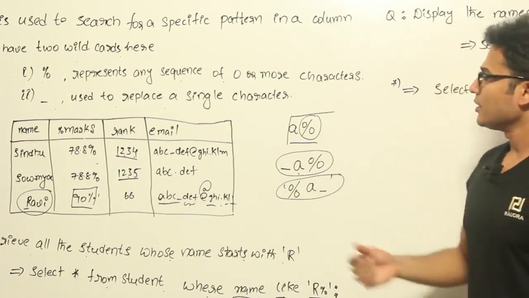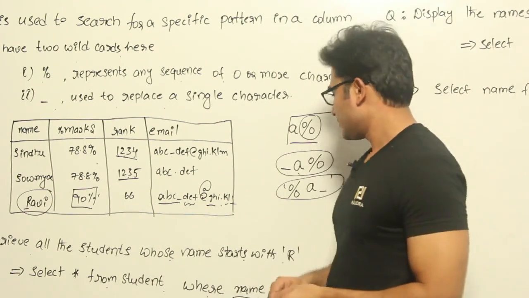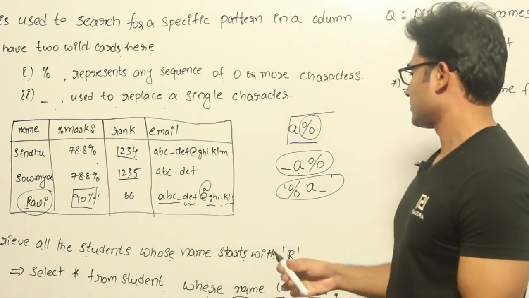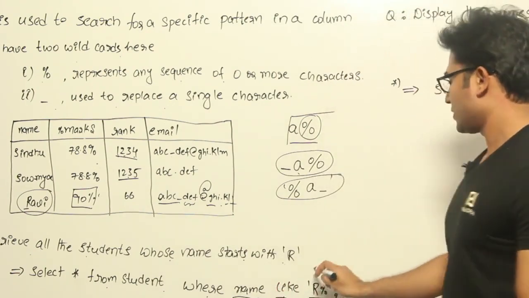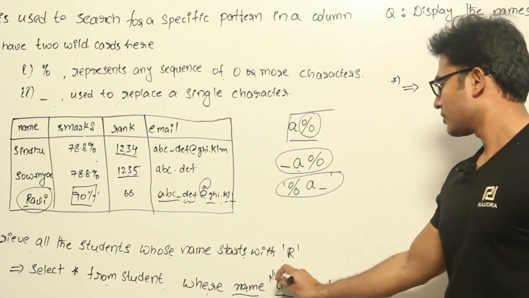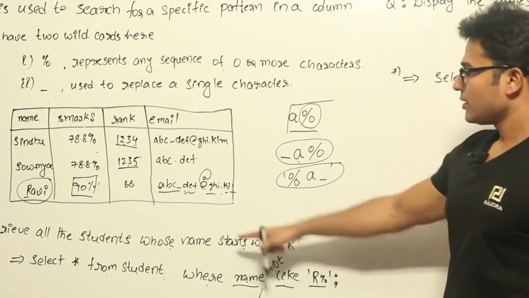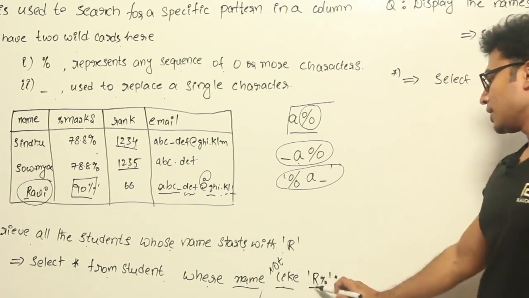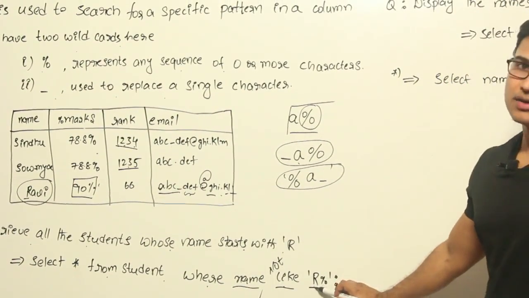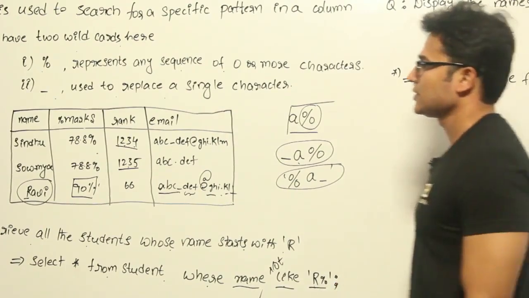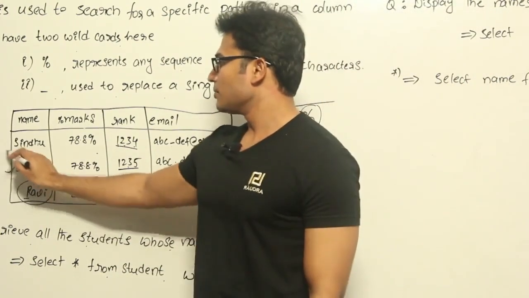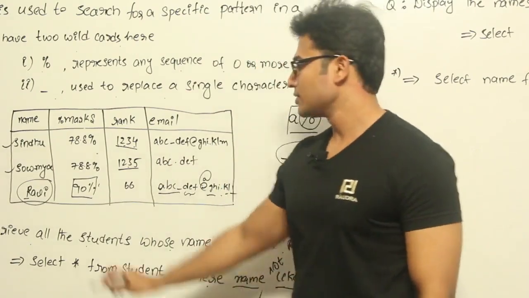For example, if I write not like here, the meaning of this query is that you are going to get the students whose name does not start with R. In this case these two will be printed, and this will not be printed.